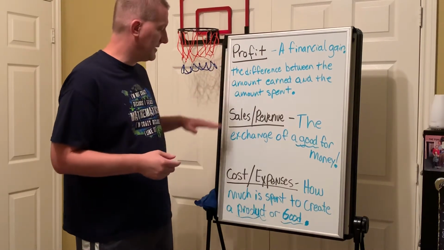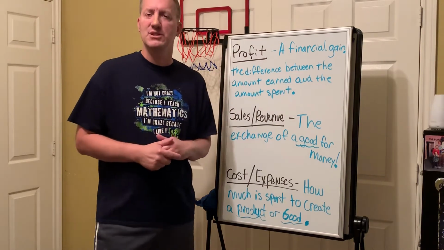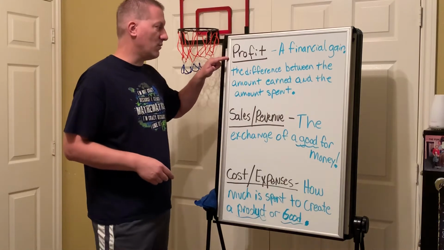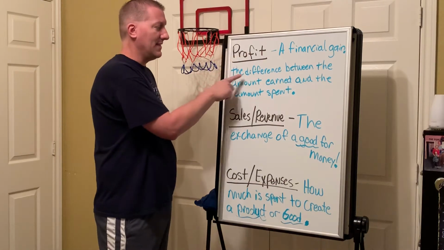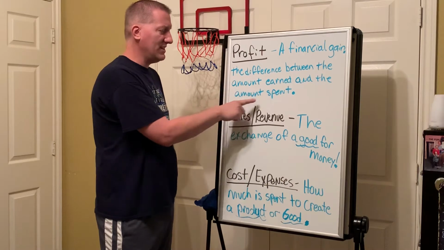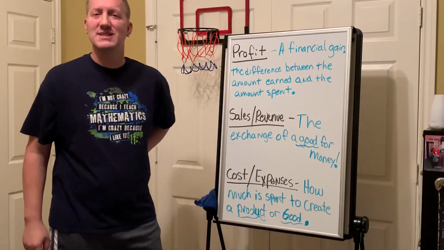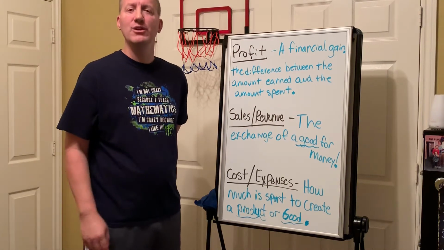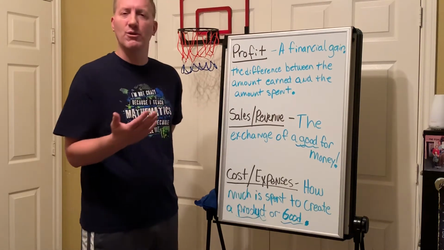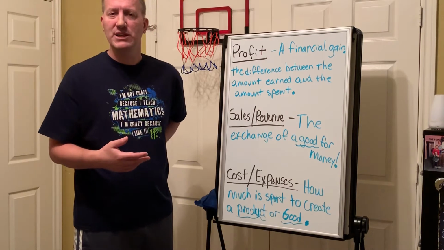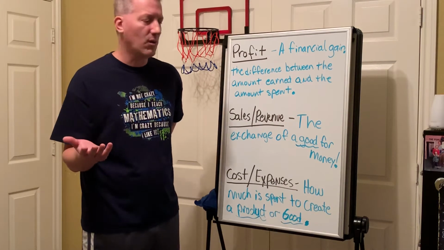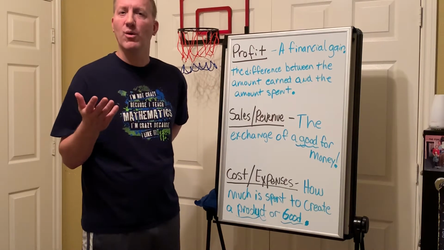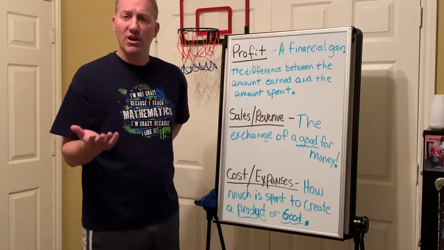I just want to give you some vocabulary so you know what I'm talking about when I use these words. That's the thing we're going to find: the difference between the amount earned and the amount spent. That is the profit. Usually we talk about this for retailers, like a clothing store like Kohl's, or a grocery store like Kroger, or Walmart, or Target.